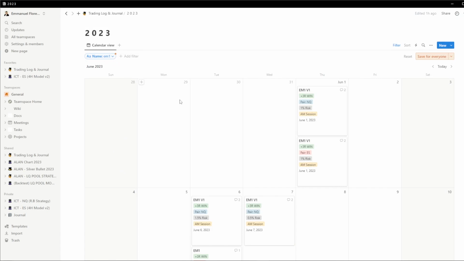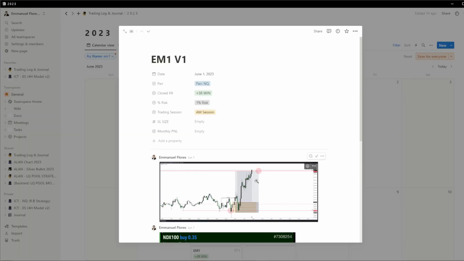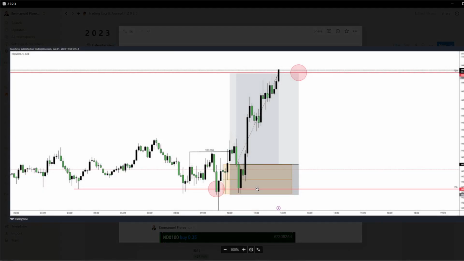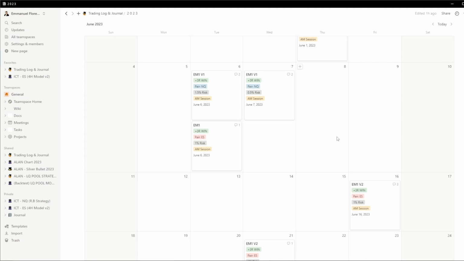Taking a quick look at what they look like. Here's an example of EM1. This is an EM1 V1, kind of taking our theory into practice. We sweep the previous session low, create a 10-minute swing high, have a strong market structure shift, market returns to an order block, and we trade towards the previous day high.